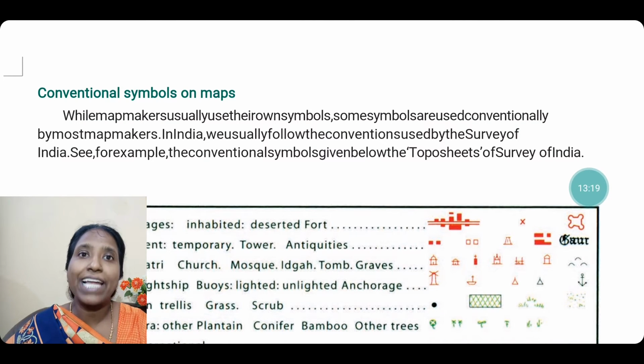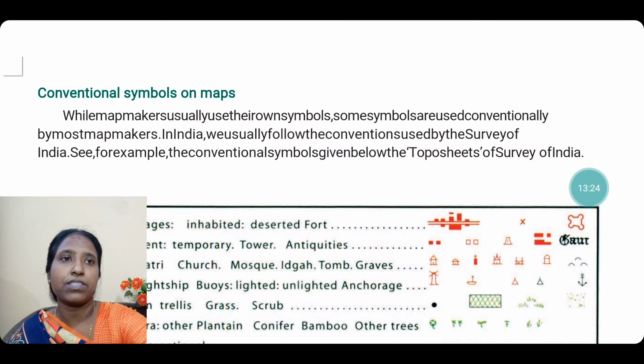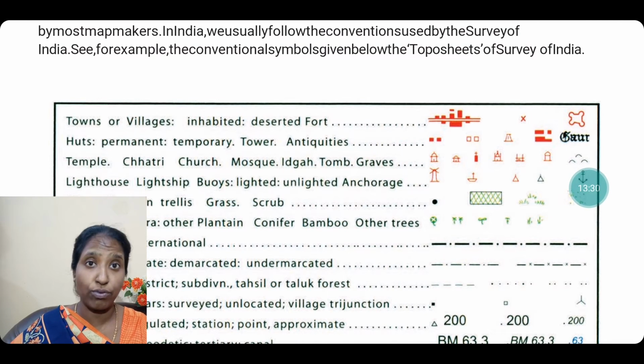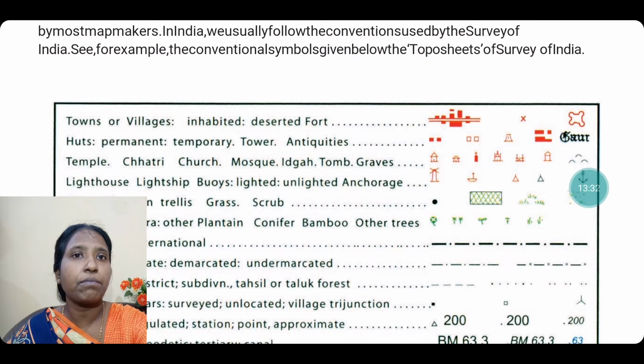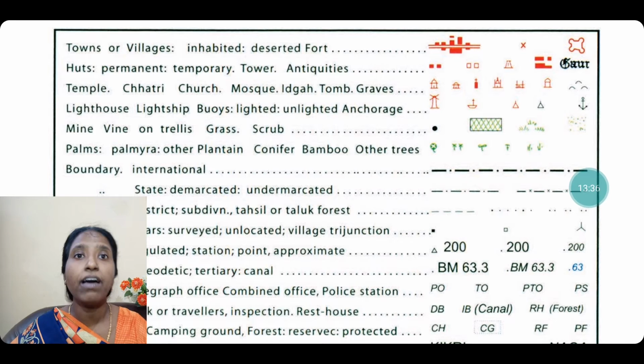And now we come to conventional symbols on maps. What are the symbols used in maps? Now you can see some of the symbols. Towns or villages, inhabited, deserted, fort, then huts, then temple, church, mosque. What are the symbols used to represent them in the map?